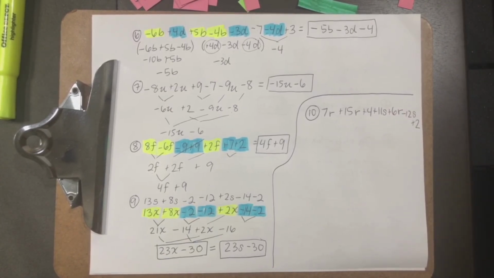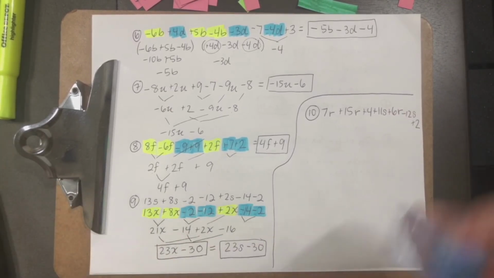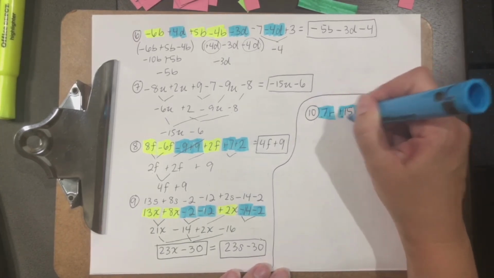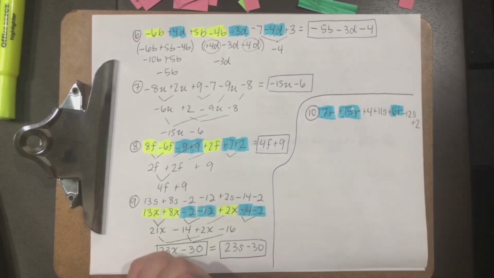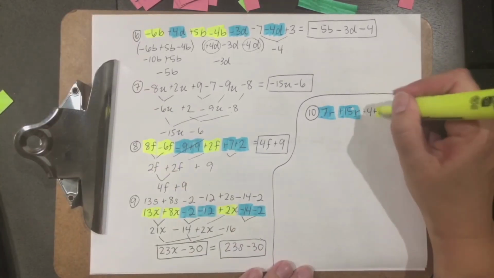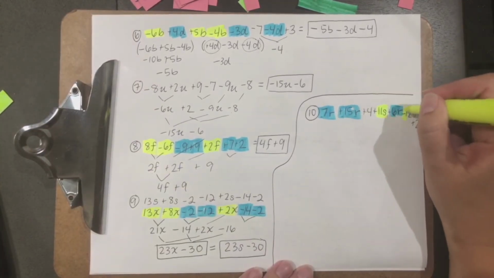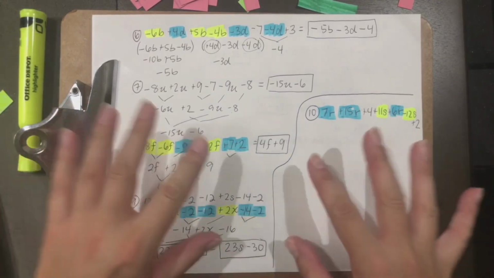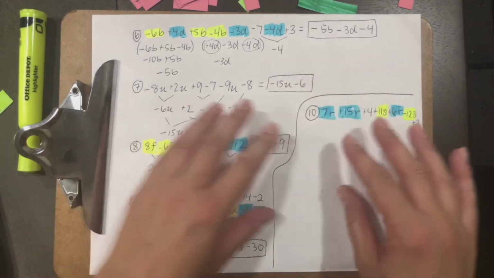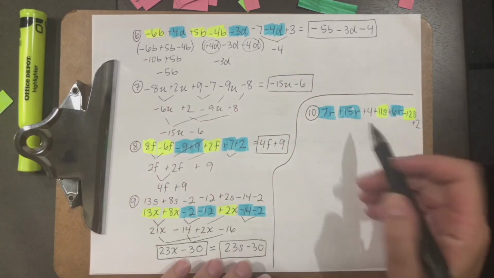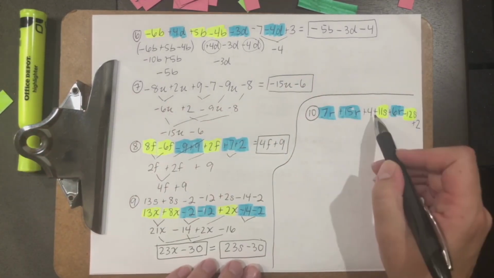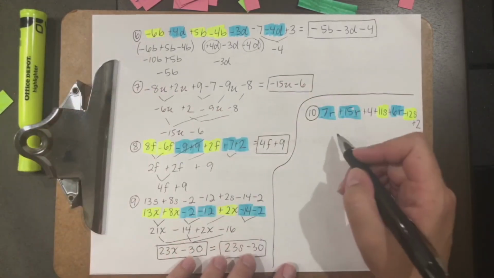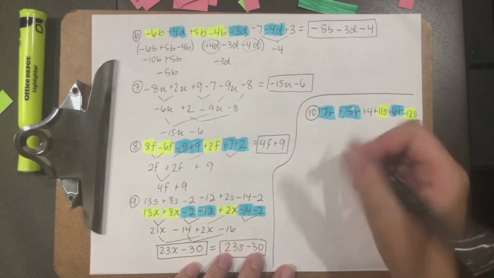All right, let's put all of our r's together and all of our s's together. I'm going to help myself here with a highlighter. So what I'm actually doing right now by highlighting and then regrouping is like when I took the tiles and I slid the tiles together that were similar. So when we rewrite this using commutative property, it's like sliding together the similar tiles before we cancel things out.